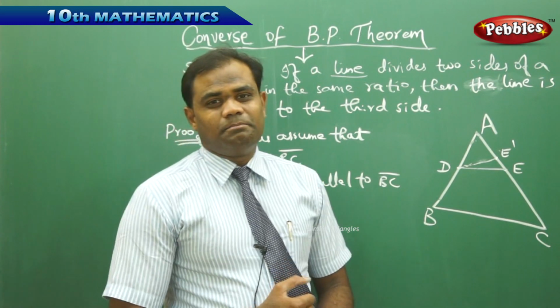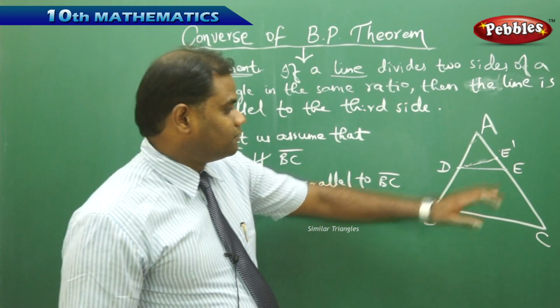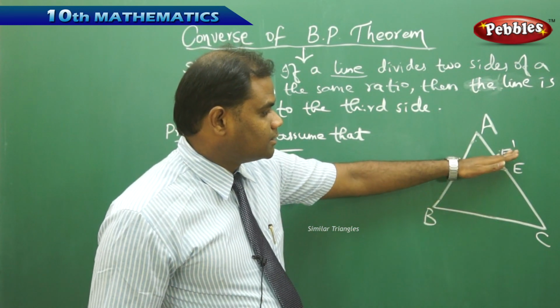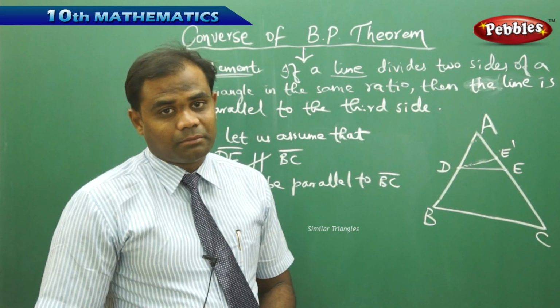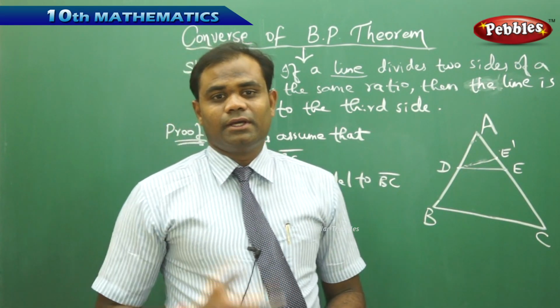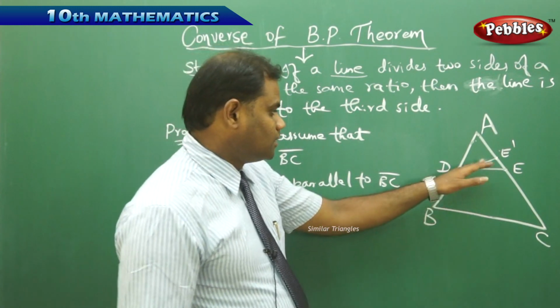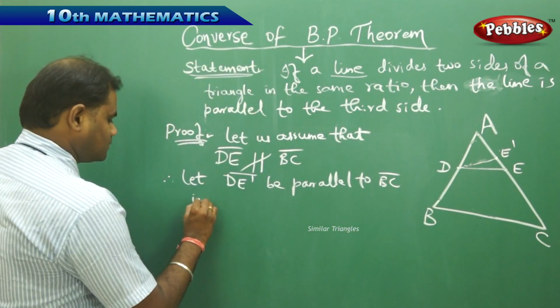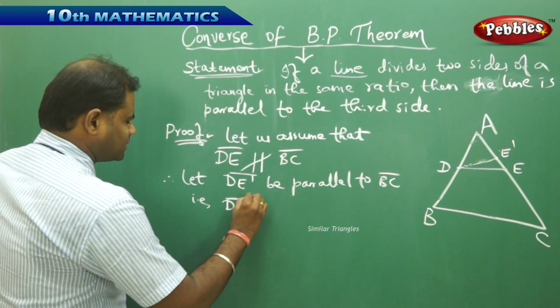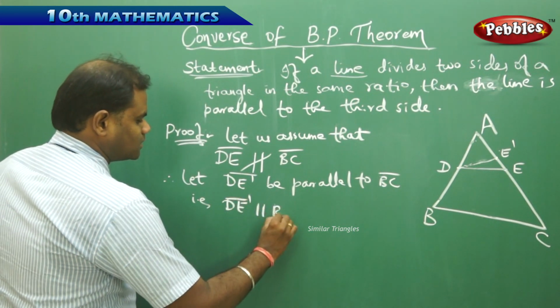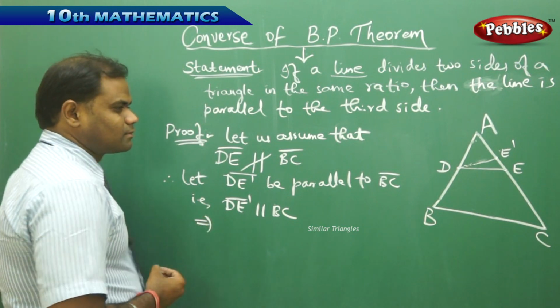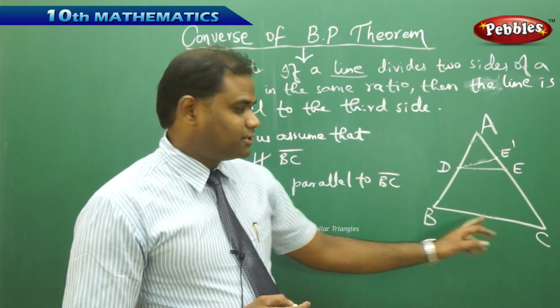Now, coming to the basic proportionality theorem, if this line is parallel to this, then this line divides the other two sides in the same ratio, which is what we have seen in the Thales theorem or the basic proportionality theorem. Therefore, since DE dash is parallel to BC, that implies this divides in the same ratio.